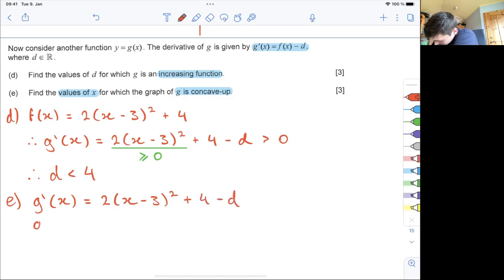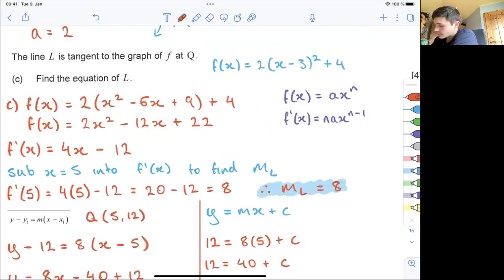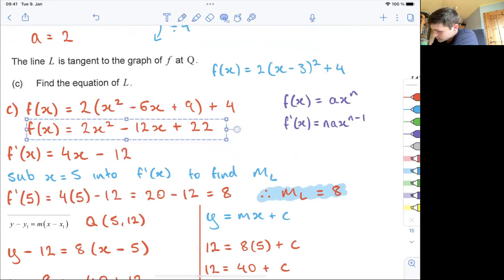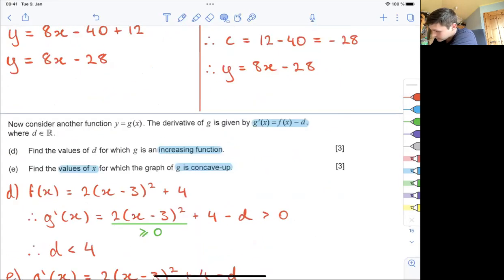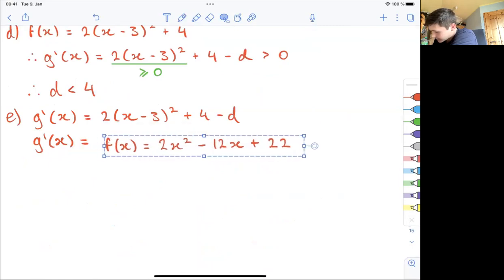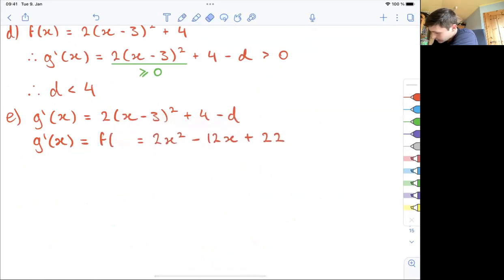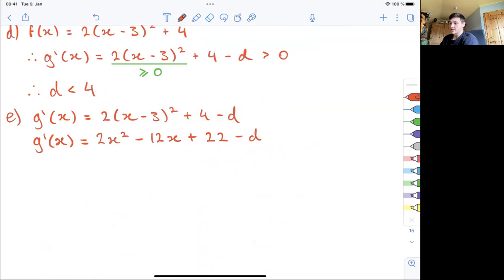Or equally, we could take our expanded version from up here, copy and paste that down here, get rid of all that: 2x squared minus 12x plus 22, and then we'll also have that minus d on the end.